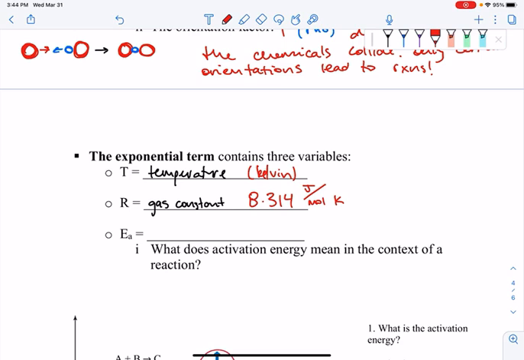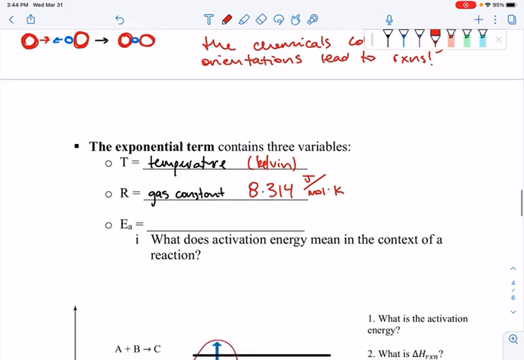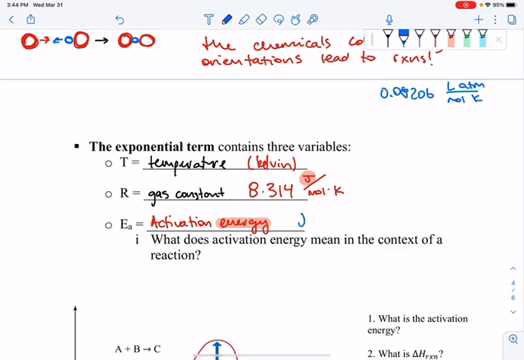The way I like to remember that it's this one with joules is because Ea is called activation energy. The energy helps me remember that I need units for energy. If you think about that other gas constant, liter atmosphere per mole Kelvin, there is no energy in that one. So if you're using that one here, it's not going to work. And activation energy obviously has units of joules.